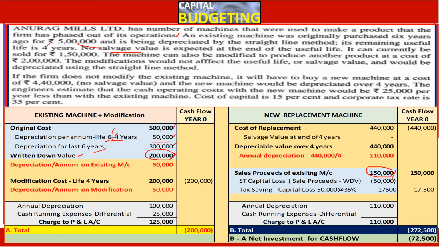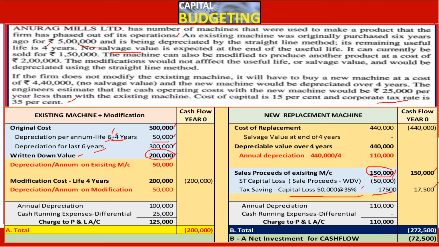When we make a loss of 50,000, we have to provide for a capital loss at the rate of 35%. As the problem indicates, the company could make use of it as a normal loss. Corporate tax is 35%. When we sell it off, we get 1,50,000. And when we book the loss at 35%, we save tax to the extent of 17,500.